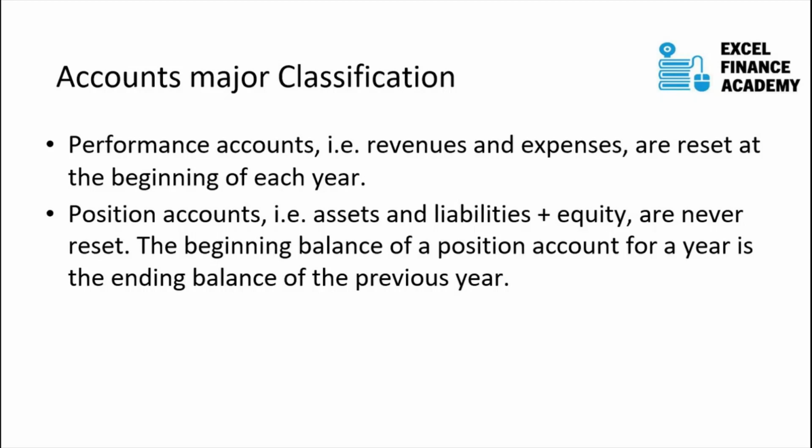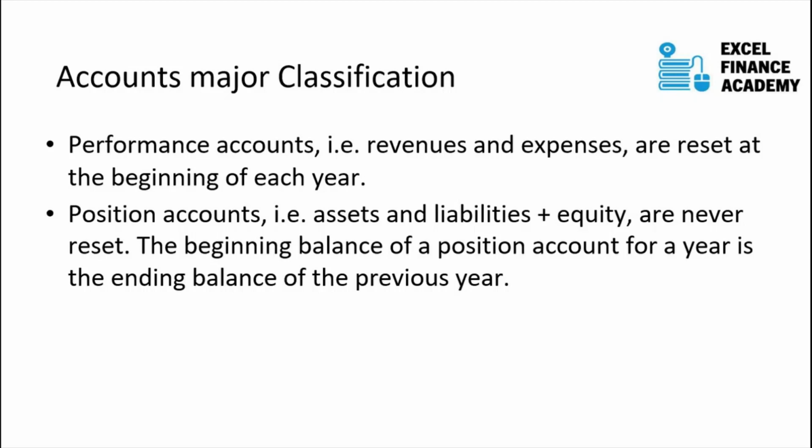And balance sheet means your position accounts are not reset. So if you have a total asset of 100,000 this year, next year when you start, you will start from 100,000. If you buy another, it will be on top of 100,000, not 0. Sales and expenses will start at 0 every year. If you are closing every monthly statement, every month it starts at 0.